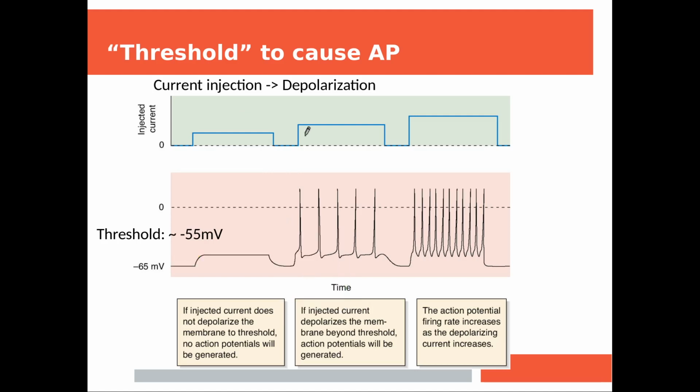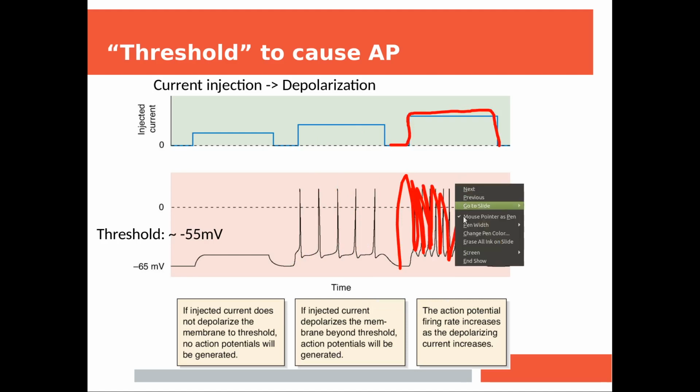And then we stop, we go back to zero, and it goes back to its resting potential. Then we try to inject more current. Now we've injected enough to initiate some action potentials. And actually, injecting more current will cause faster action potentials, up to a certain limit.